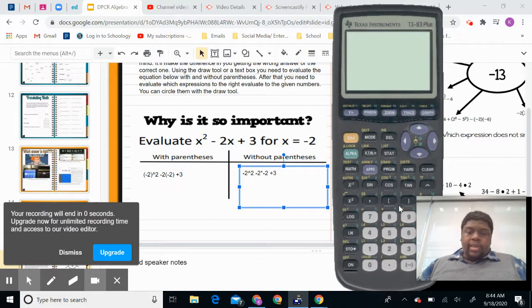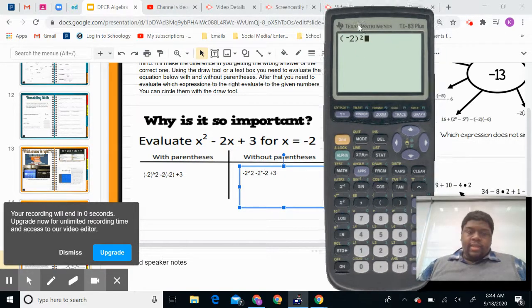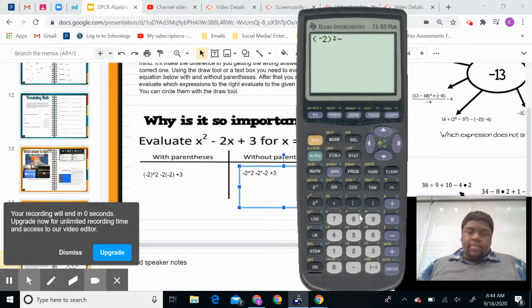So we have -2, and we're taking that to the second power. Then we are subtracting it from 2 times -2. And then finally, we're adding to it 3. We get 11 from this. Now, we want to take a look at how this looks without parentheses.